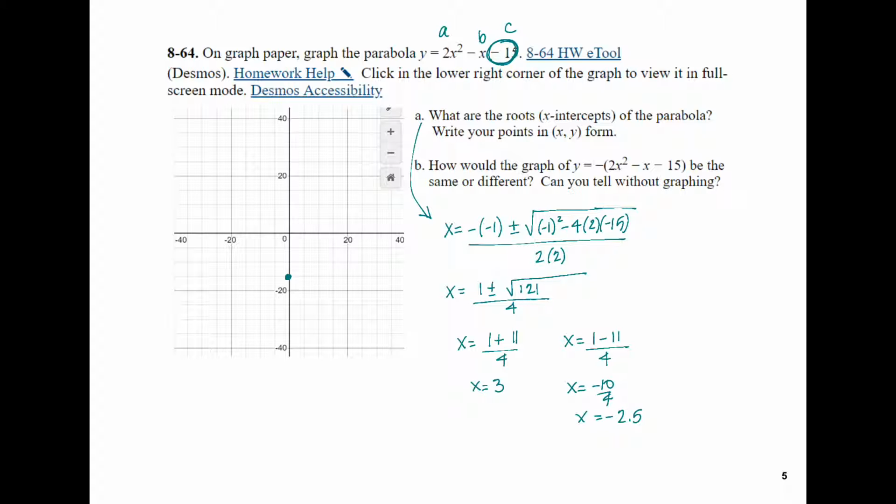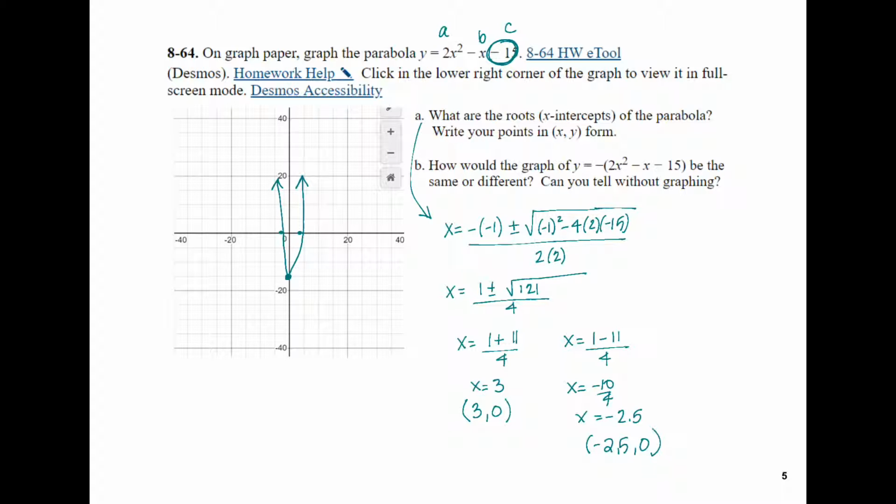So it's said to write these as an ordered pair. So our x-intercepts are (3, 0) and (negative 2.5, 0). You can plot those on your coordinate plane. And you can see that our graph or our quadratic would be opening up.